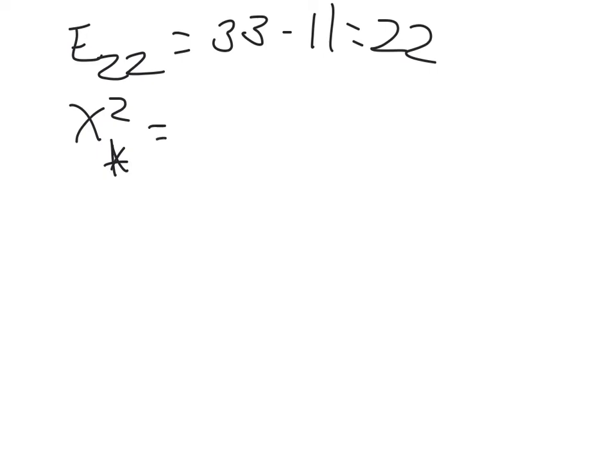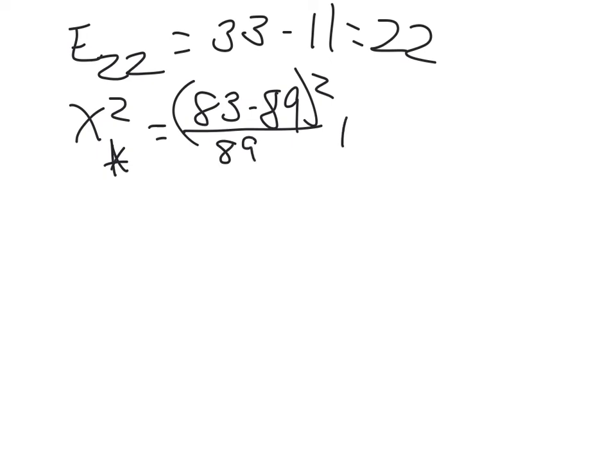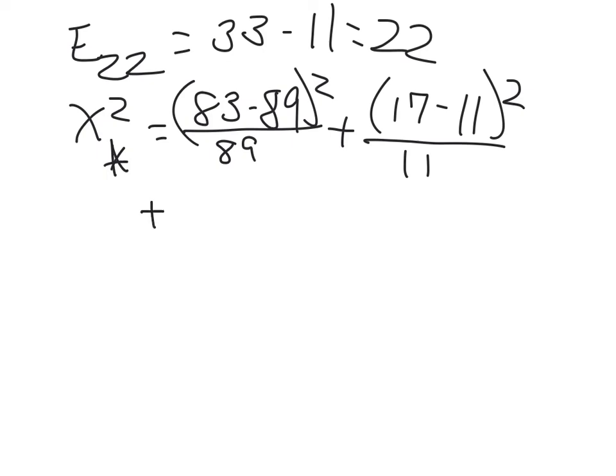The only difference between this one and the previous one is you just have more items to do. Okay, so you're going to have 83 minus 89, the quantity squared, over 89, plus 17 minus 11, the quantity squared, over 11, plus, let's see, what was that last one?